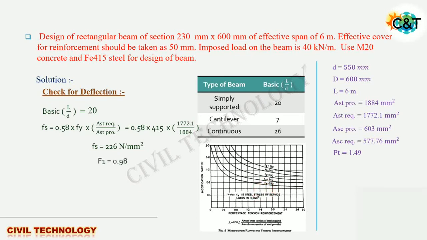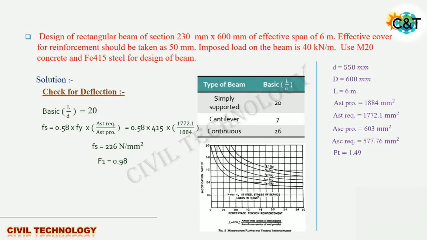The percentage of tension reinforcement we already know, 1.49. So you have to see properly where 1.49 touches the 226 curve. From that you will get the F1 value, that is 0.98.